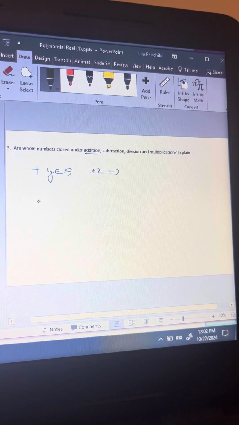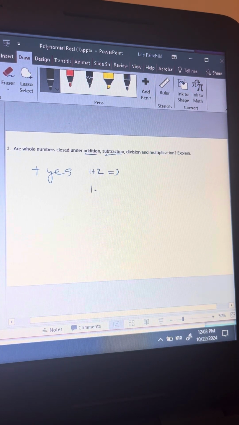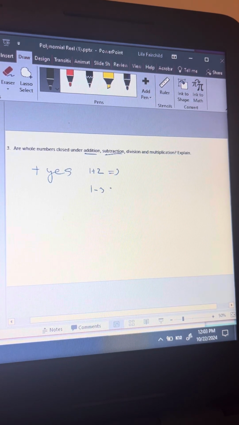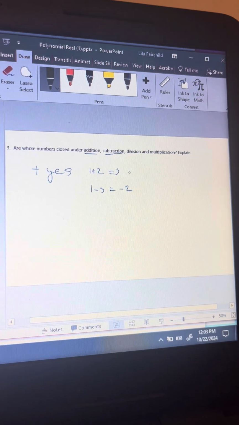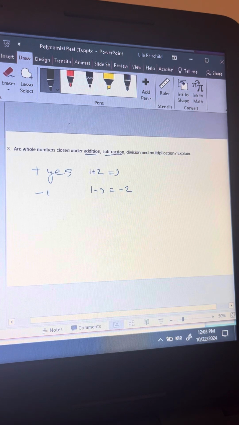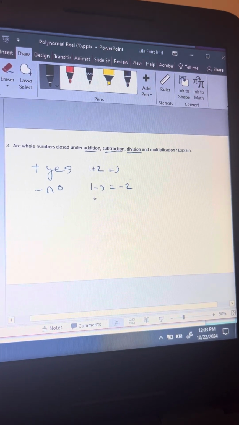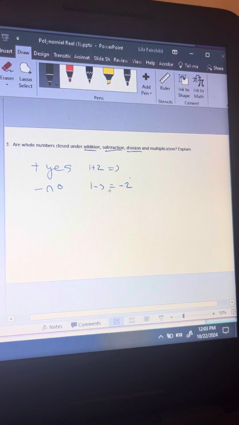And then for subtraction, if you're subtracting, like say you do 1 minus 3, that will equal -2, and that's not a whole number, because that's an integer. -2 is an integer, and that's no. So subtraction is no. And then division is gonna be no, because any fraction or anything, and division is essentially a type of fraction.